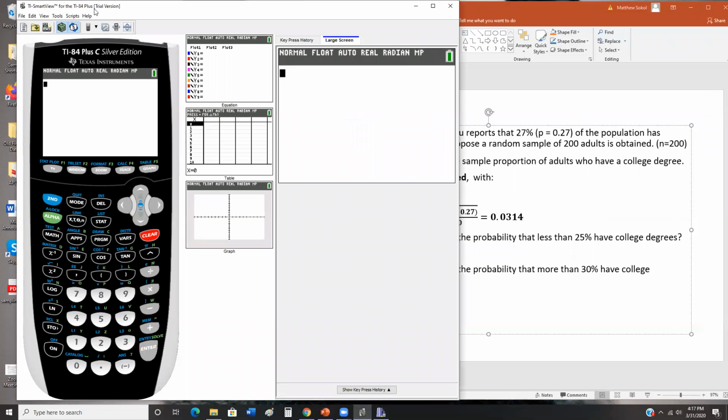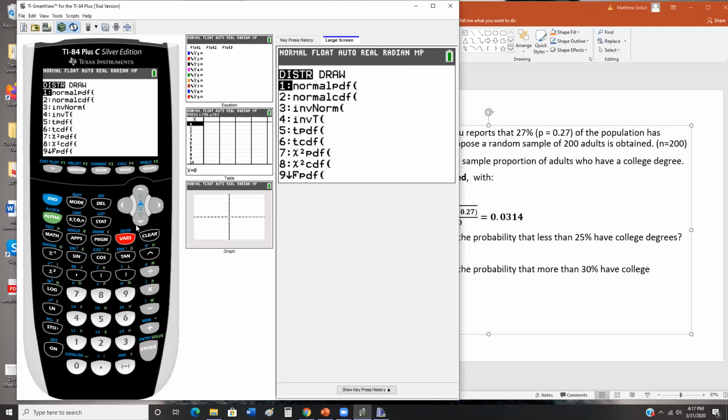So you're going to go second function, distribution. And what option did we use in the previous section? Yeah, it's always going to be the normal CDF this week. Always, always, always. If you're not using the normal CDF, you're going to make a little bit of a mistake. So go down to the normal CDF.